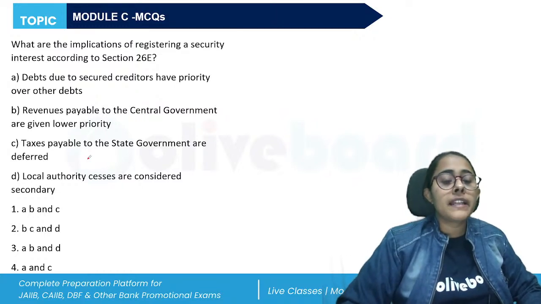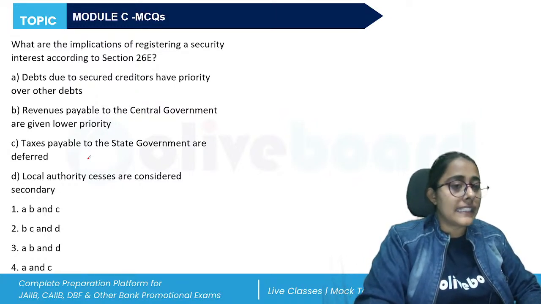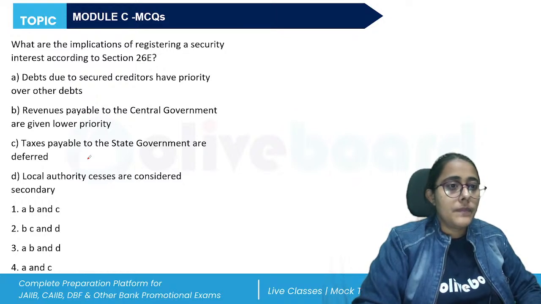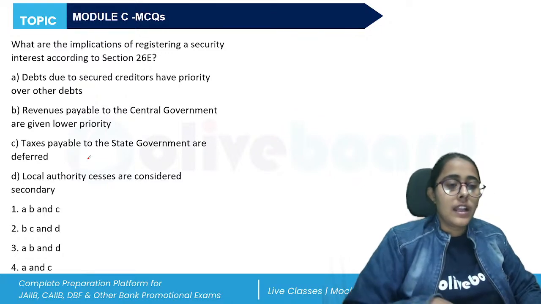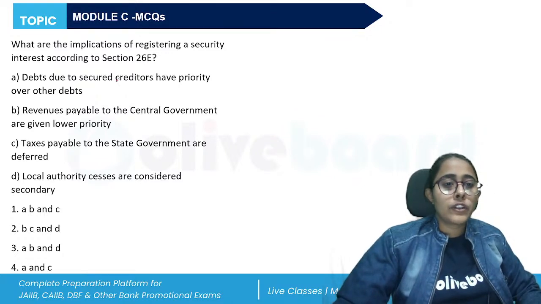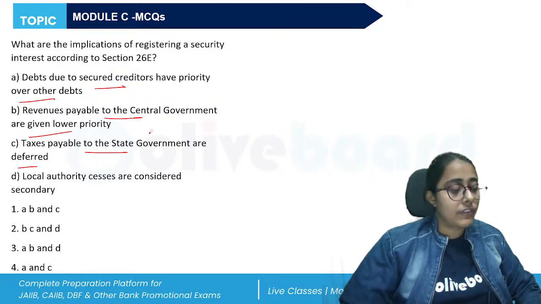Next, what are the implications of registering a security interest according to section 26E? If a security interest is registered under section 23, what are its implications? The debts due to the secured creditors have priority over other debts. Revenues payable to the central government are given lower priority. Taxes payable to the state governments are deferred.